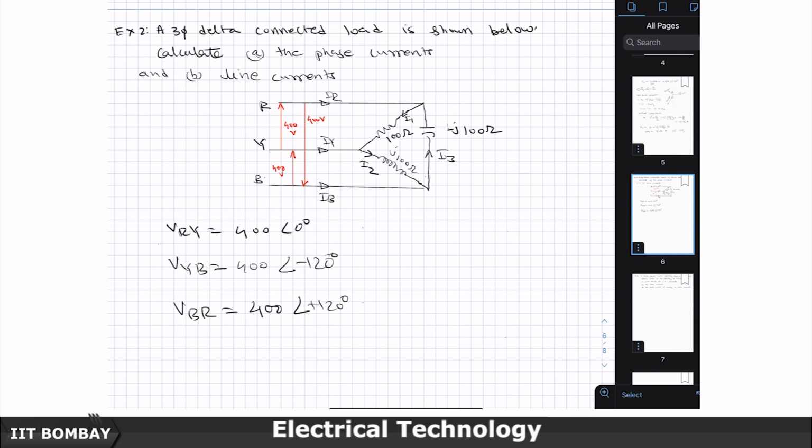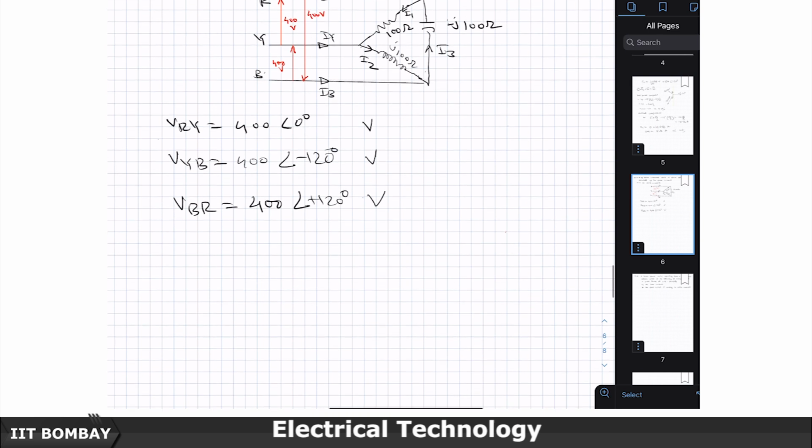So, these are the voltages which are given. Let me draw them here: VRY, VYB, and VBR.